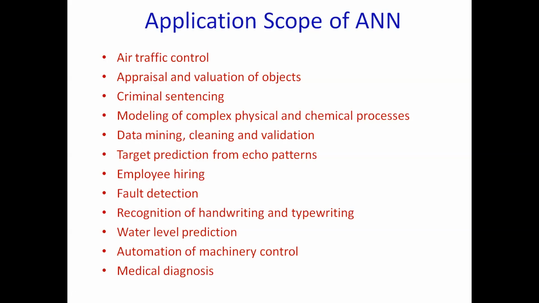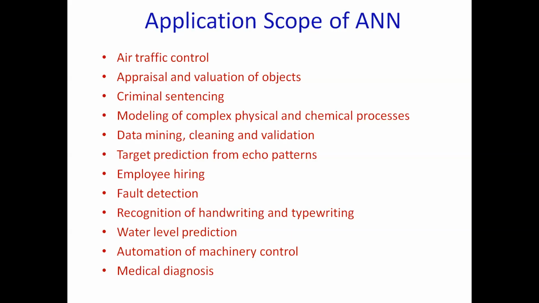Whenever we have these ample variations of artificial neural network, then automatically we can expect a number of different application scopes as well. Starting with air traffic control, it could be automated with the location, altitude, direction, and speed of each radar, which is taken as input to the network.